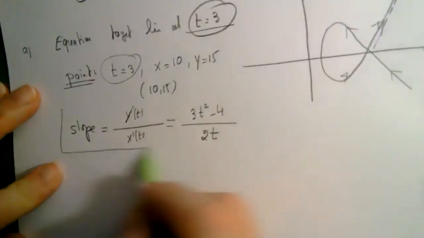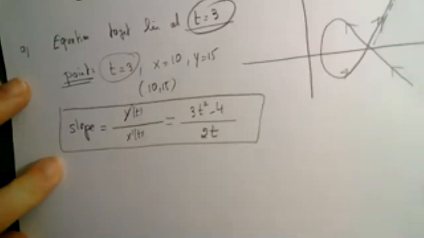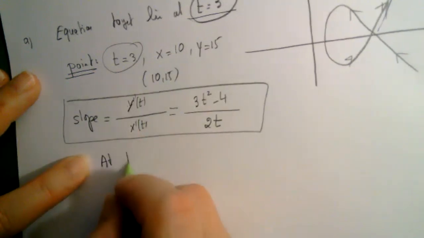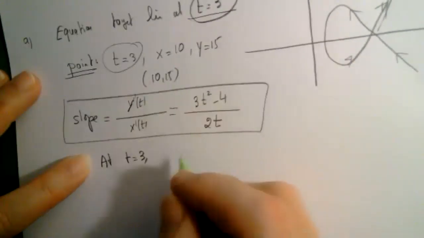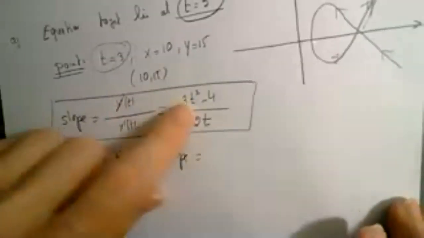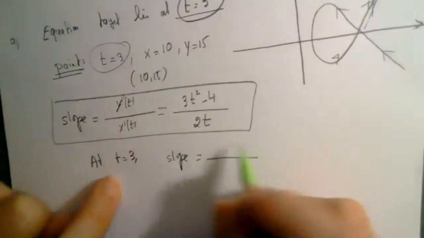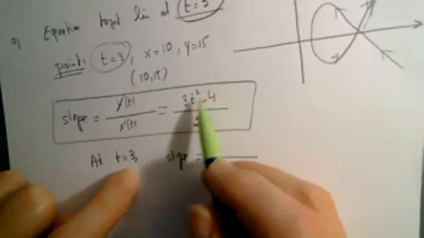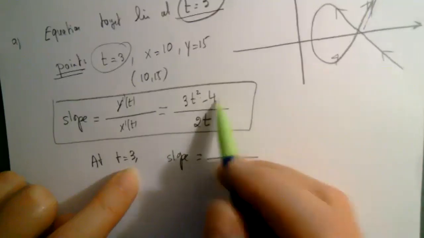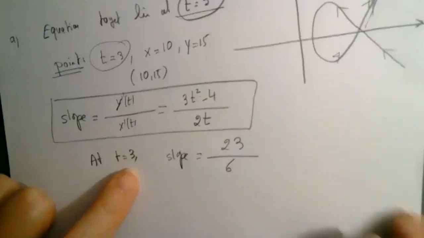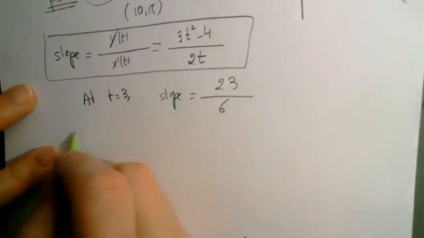So at t equal to 3, we plug in 3 for t: 3 times 9, 27, 27 minus 4, the slope is 23 over 6.